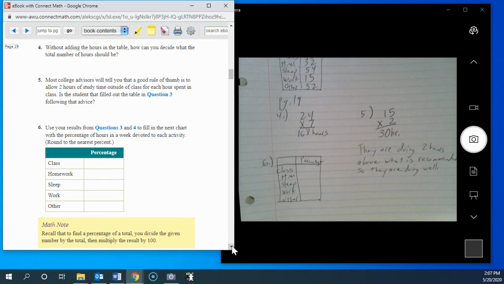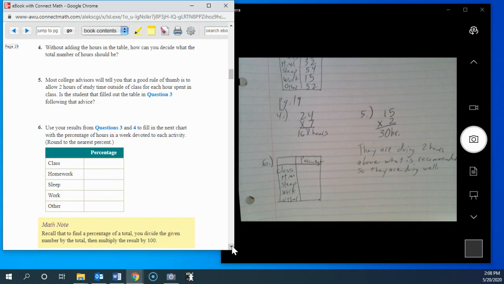It'd be 168%, right? Because you said we don't have to sleep. Right, that'll be how many hours you have, but what percent of the hours would that be? Wouldn't it be 100%? Yes, it would be 100% because it's 168 hours in a week and you spent 168 hours in class. So that would be 100%. Does everyone follow that part?